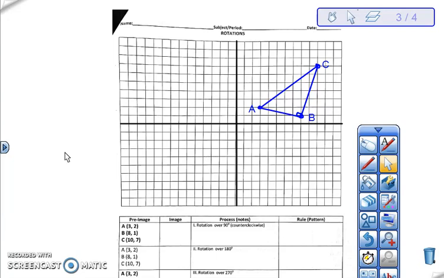So the first thing that we want to do is look at how to rotate this figure 90 degrees counterclockwise. We know that clockwise is this way. Counterclockwise is this way.